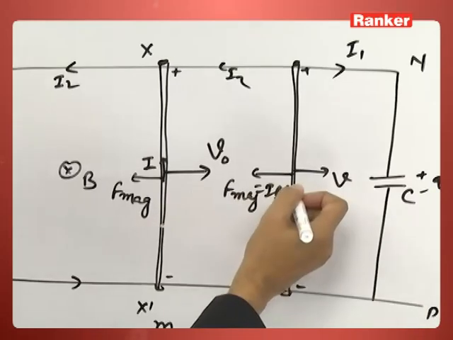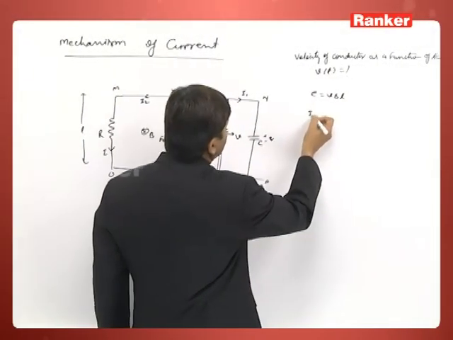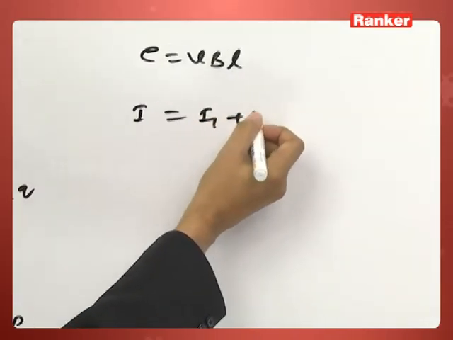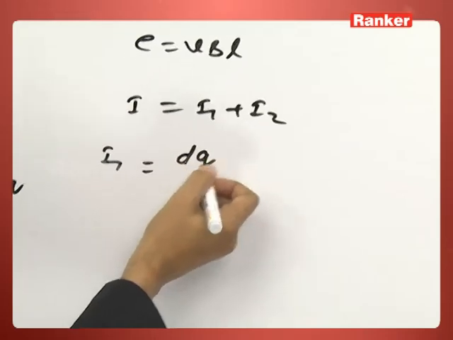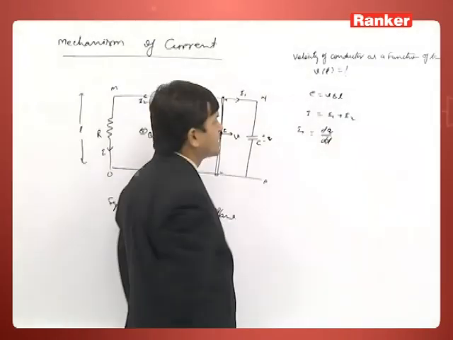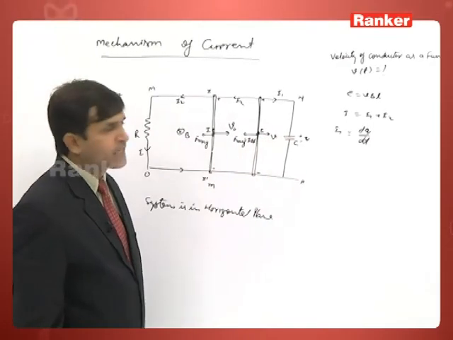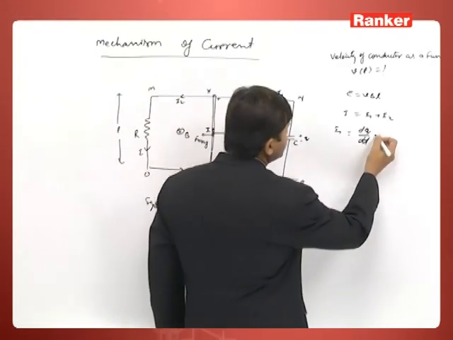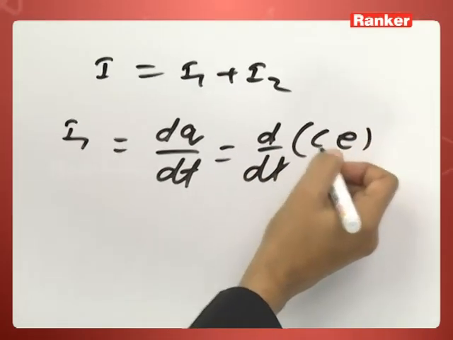So net I is I equals I1 plus I2, where I1 is dq by dt, the rate of variation of charge, and q is C into EMF.